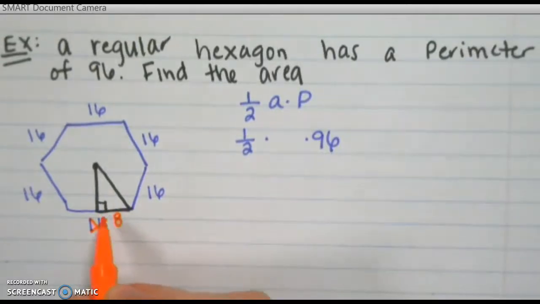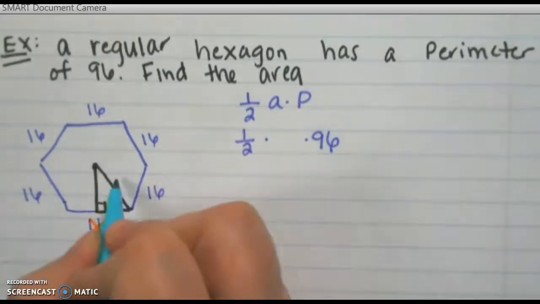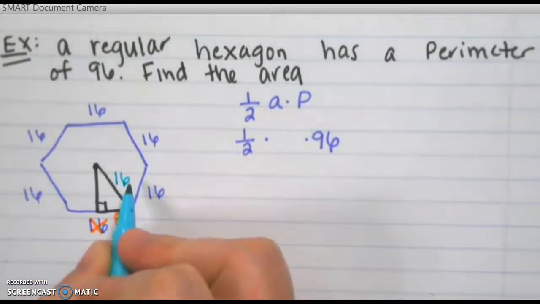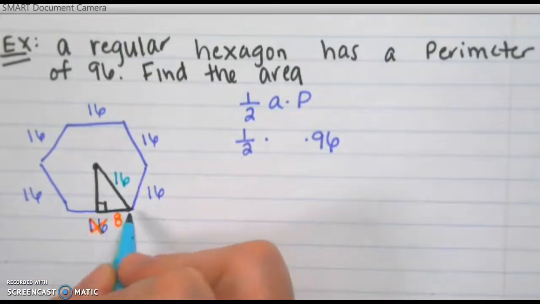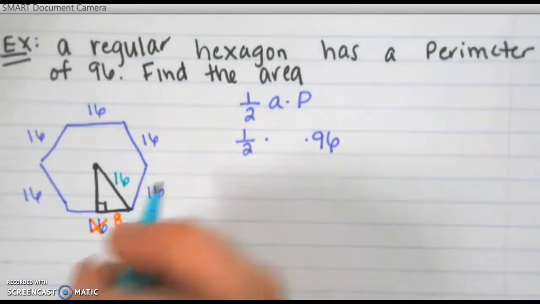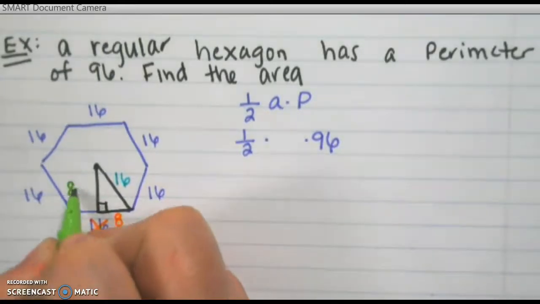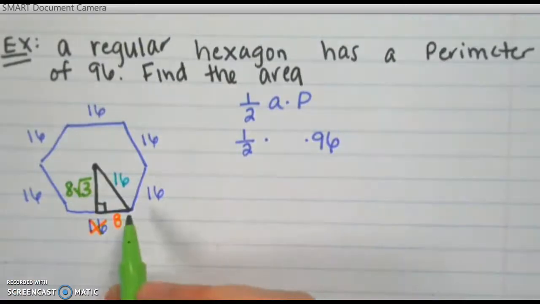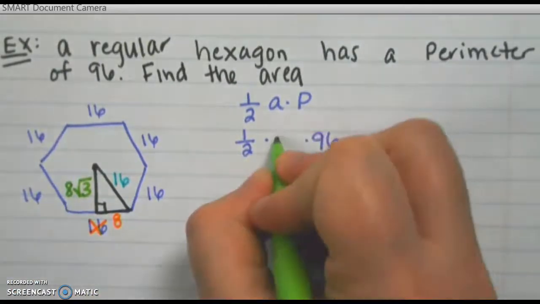If that's my short side, then my hypotenuse is 16, because your hypotenuse is always double your short side. So if my short side is 8, my hypotenuse is 16, and then I know that my apothem is going to be 8 square root of 3. And you could do Pythagorean theorem, you could do 16 squared minus 8 squared, but it would simplify to 8 square root of 3.